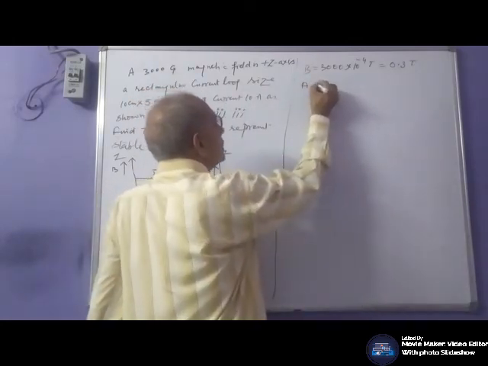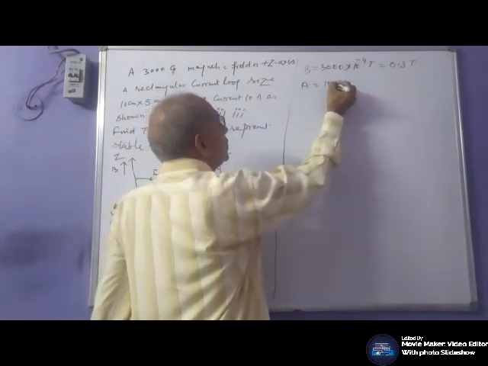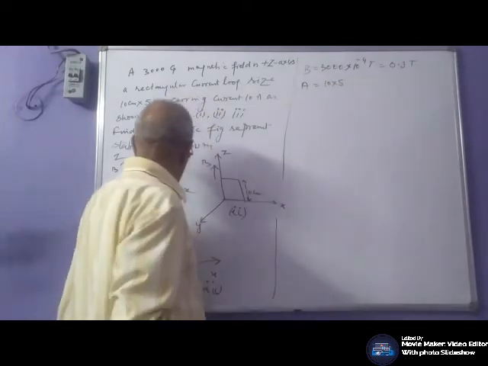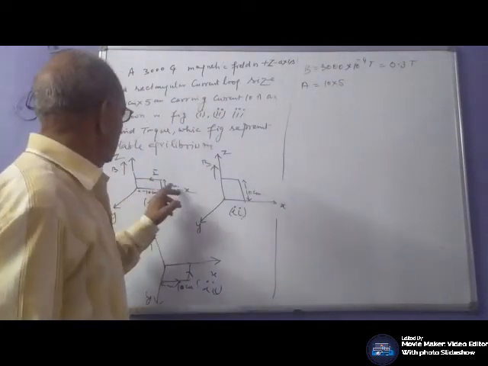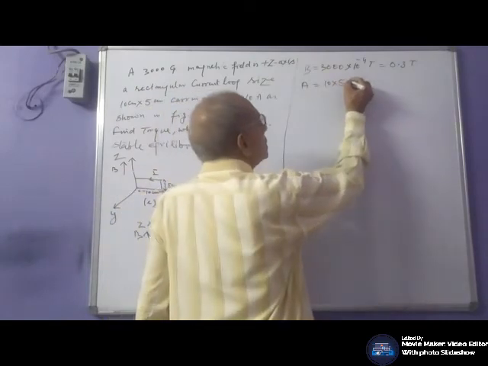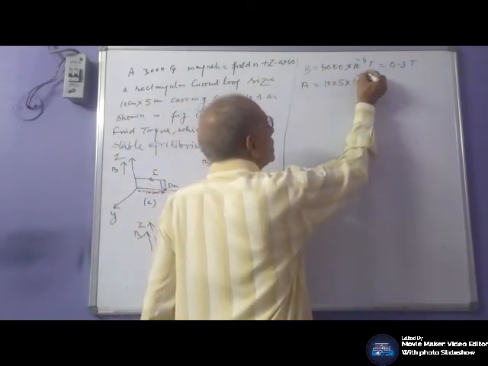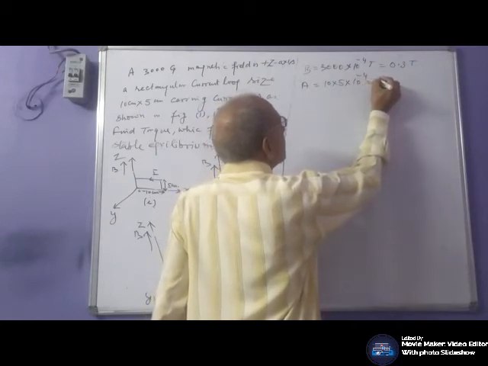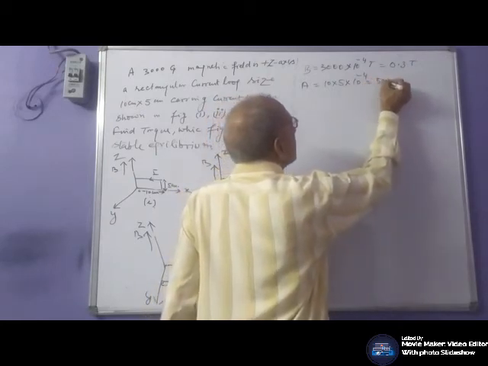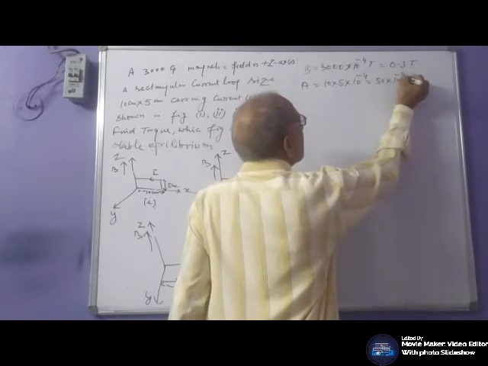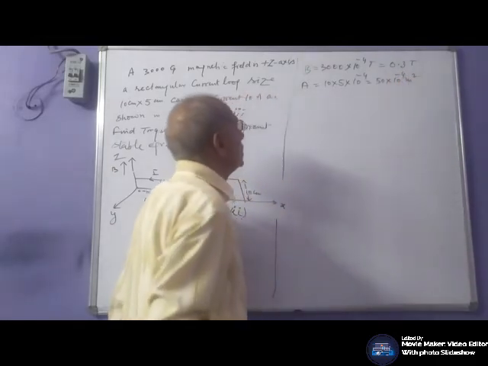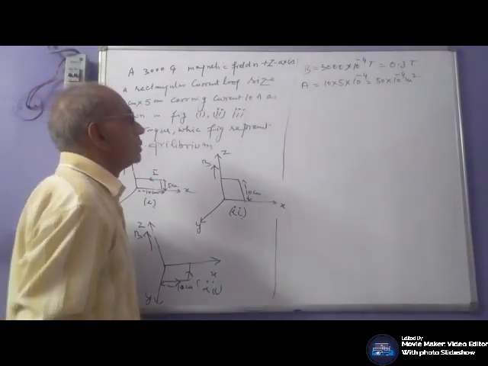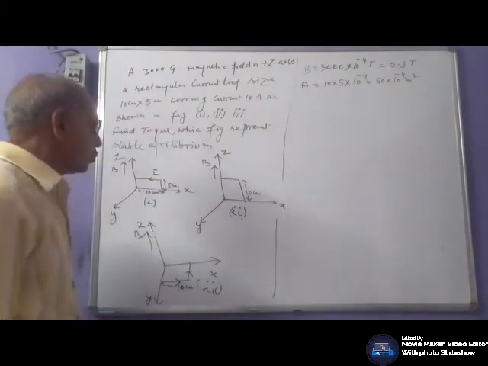Area is 10 into 5 centimeter square, so in meter square. Number of turns is 1.